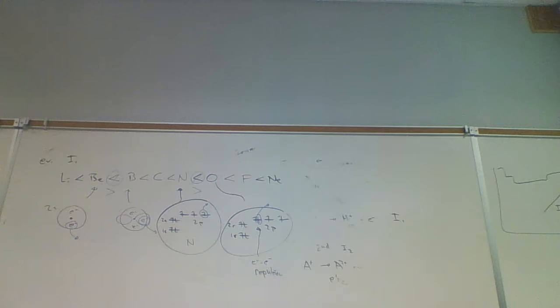Now take a look at what happens in the third period. Do you see when we go from sodium to magnesium, and then magnesium to aluminum, there's a huge drop here? We don't expect that huge of a drop. But up here, it's a much smaller drop. This third period, you've got to add the d electrons in here as well.